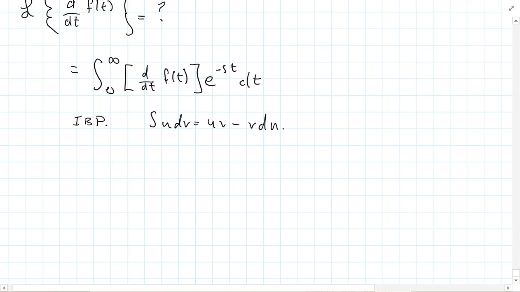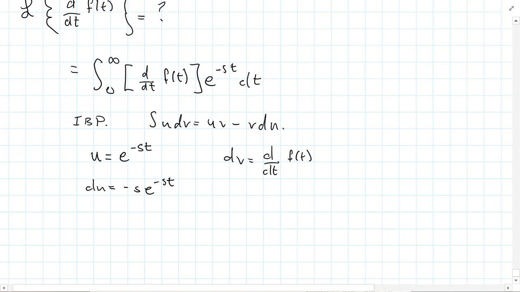Okay, so if we do this here, we let u be equal to e to the minus st, which means du is simply going to be negative s e to the negative st. And then we let dv be this derivative of the function.